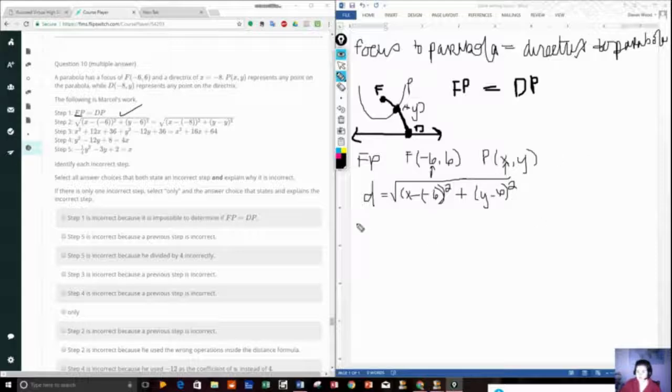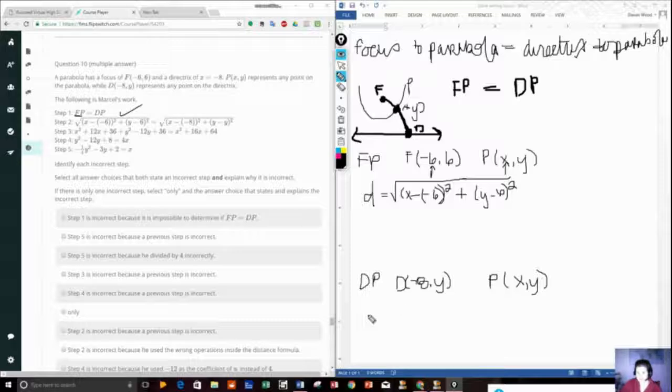So now let's find our distance from the directrix to the parabola. The directrix, we had the point (-8, y), and our parabola point is (x, y).